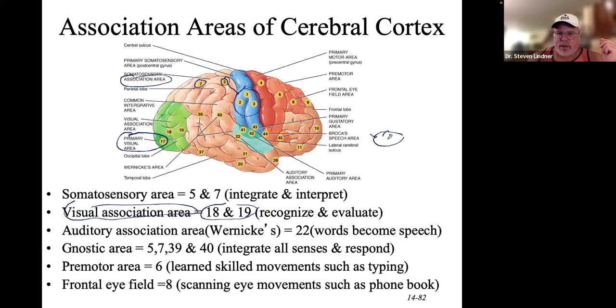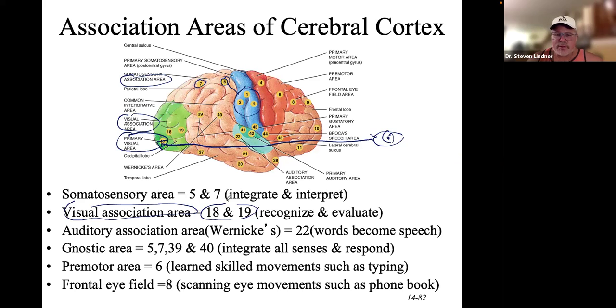The eyeball is going to see the person. It's going to send the messages back here to the occipital lobe, to the primary visual area, but that just allows you to see the person. But now you're going to evaluate and go, who is that person? How do I know them? And that's what association areas are, is going to link up to say, oh, I know that individual.